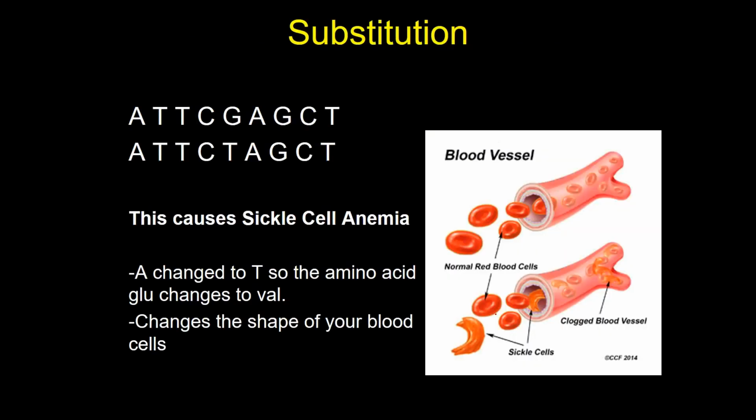One example of this is a substitution mutation. We can see that right here is our substitution. This line up on top is part of the gene that codes for the different proteins in your blood cells. This one down here codes for your cells to be sickled. Up here you have a normal red blood cell. They're kind of circle shaped.